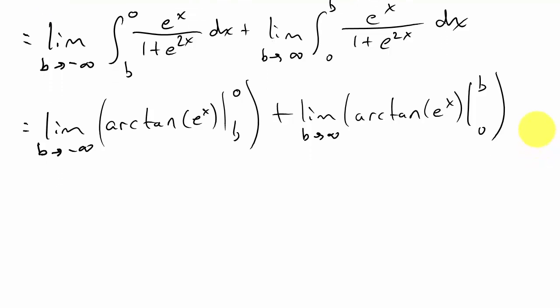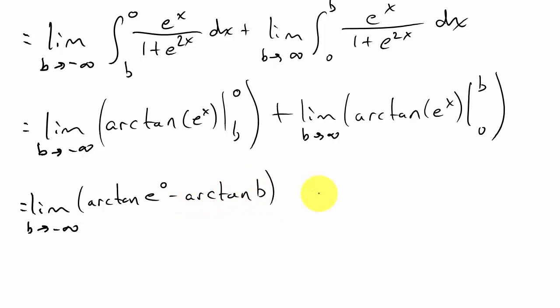Alright, so now we just evaluate. This is going to be the limit as b goes to negative infinity of arctan e to the 0 minus arctan of b, plus the limit as b goes to infinity.